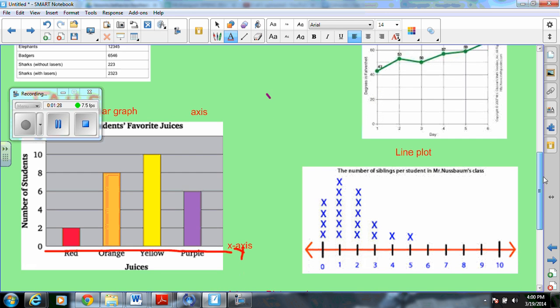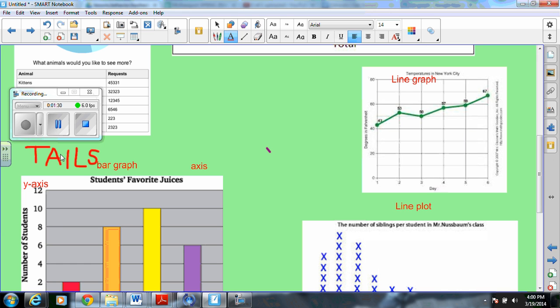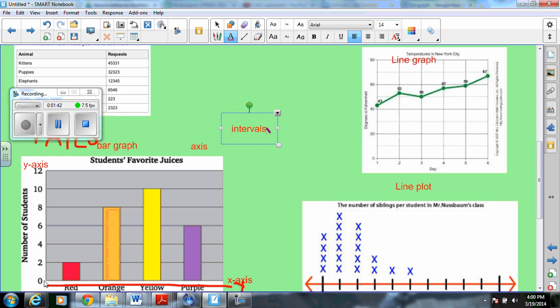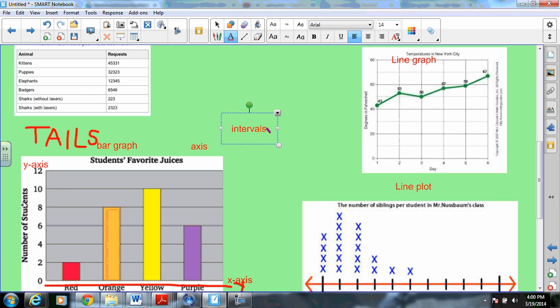And then we talked about how the I stood for intervals. Intervals, and this is how you spell the word, is what the scale is counting by. And on this one, it is counting by 2. So there's intervals of 2. And then we said L was for labels. The labels are the subtitles, so the labels tell you what each side is for.